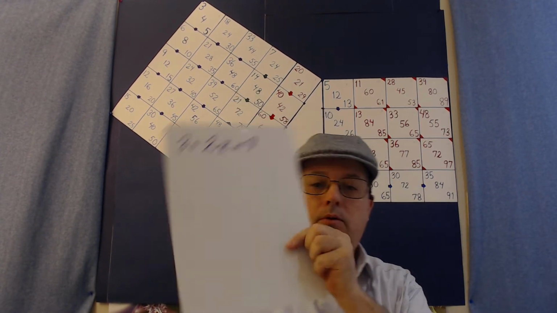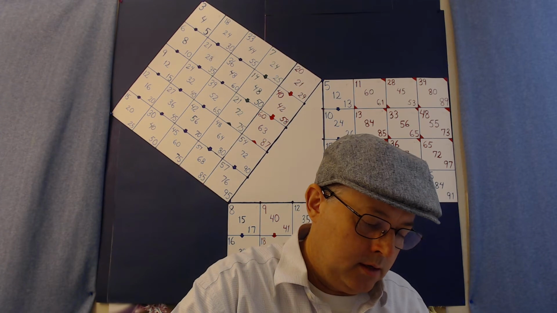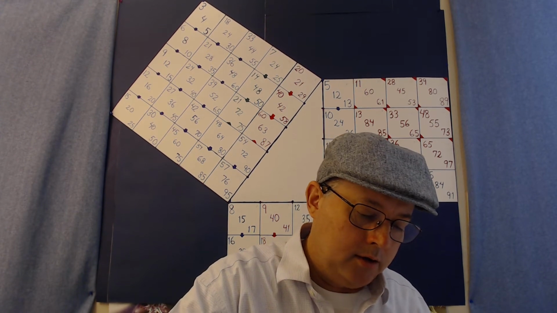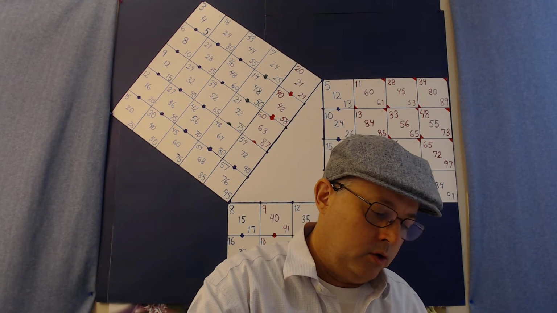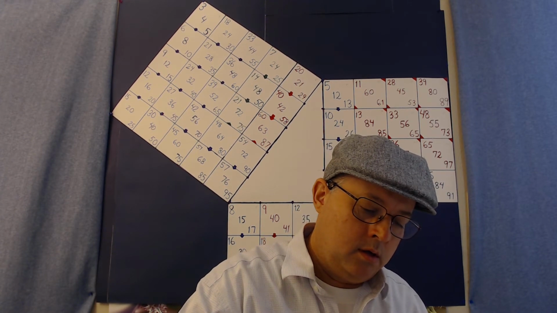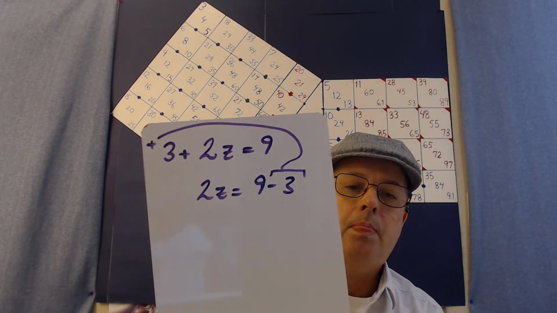Okay, and so how would you solve this equation? Well, you would say 2z equals 9 minus 3. So you would jump this positive 3 to the other side as a negative 3.